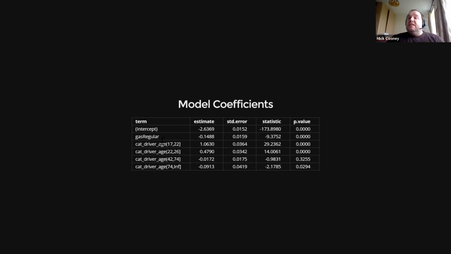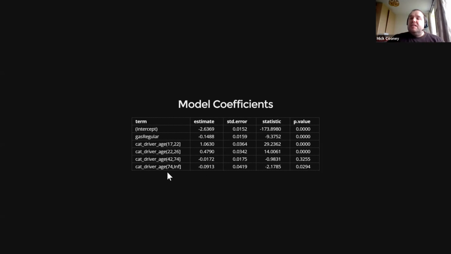So we can see here that regular gas actually reduces the claim rate, whereas for driver age, young drivers increase it quite a bit. 22 to 26 increase it slightly. The bit in the middle is our reference point, so that doesn't get a parameter. We set between 27 and 42 as our reference base rate, because that was where most of our book was.